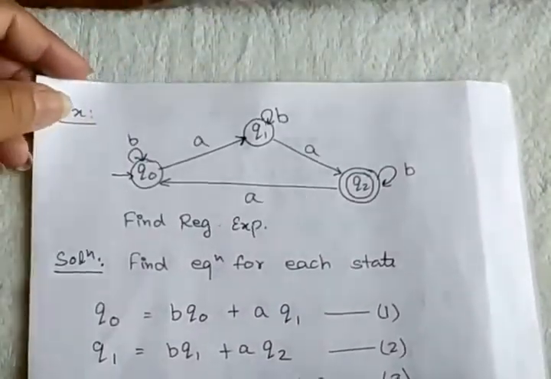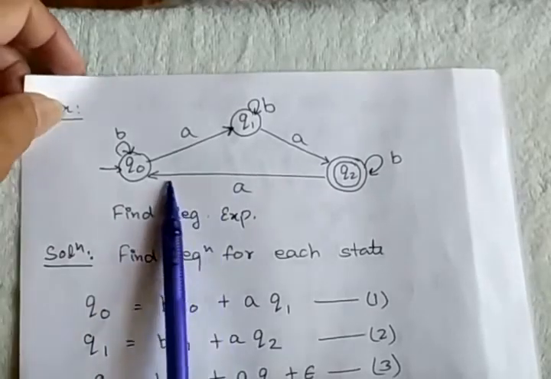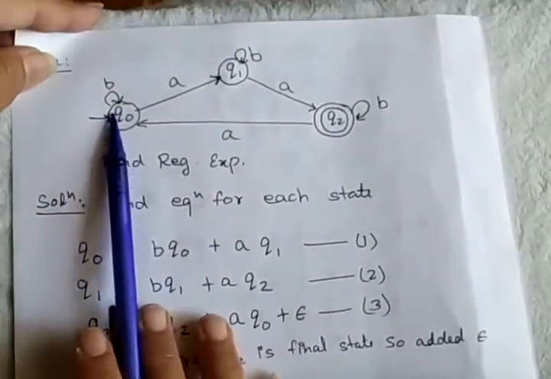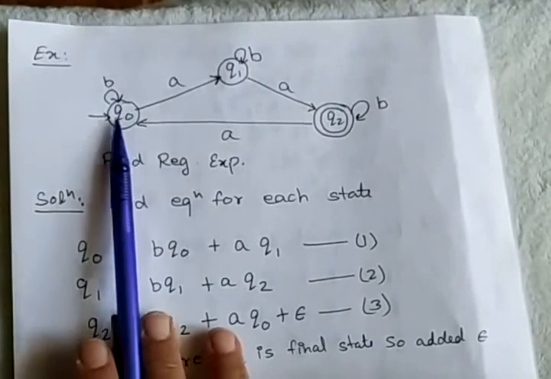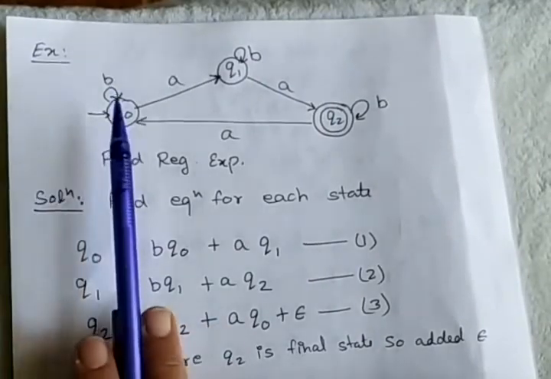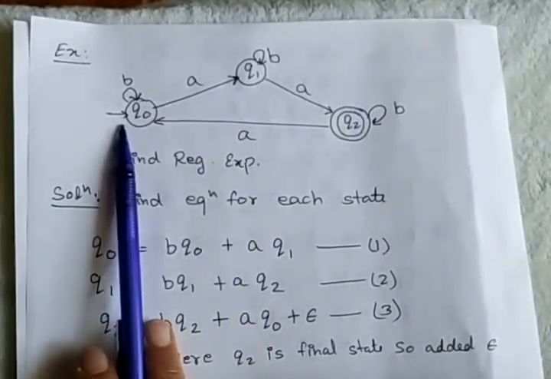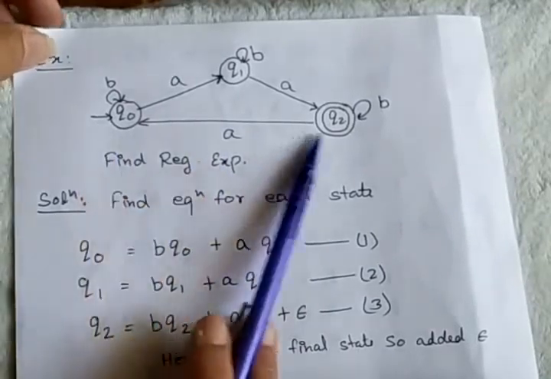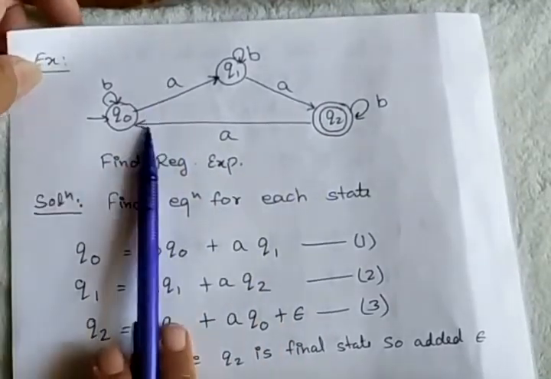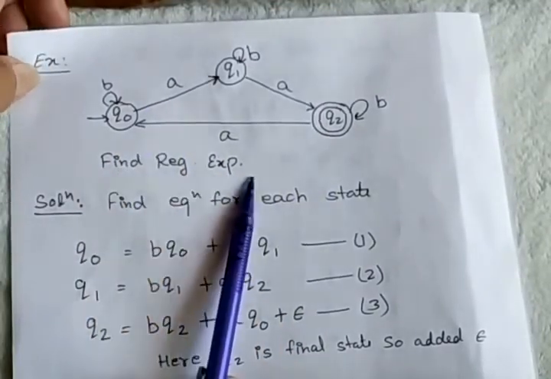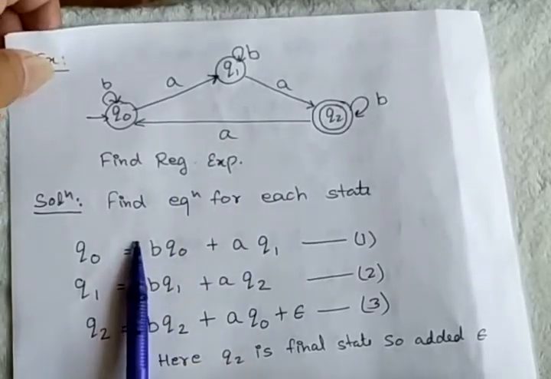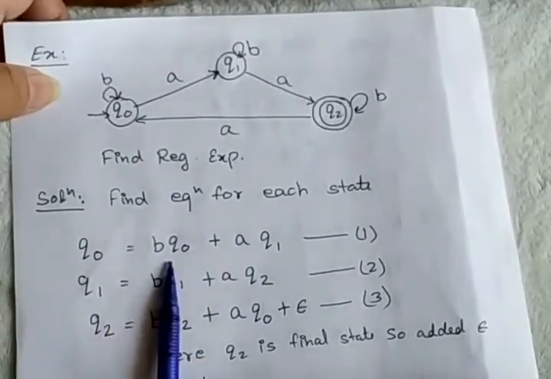This is another example. Again, here we have three states, Q0, Q1 and Q2. Q0 is the initial state and Q2 is the final state. Okay, and we need to find out the regular expression here. Again, follow the same steps.